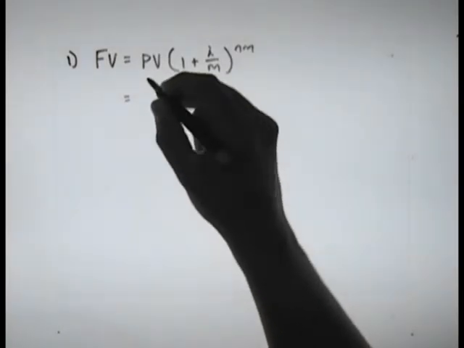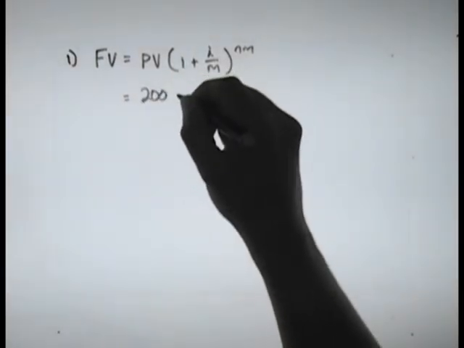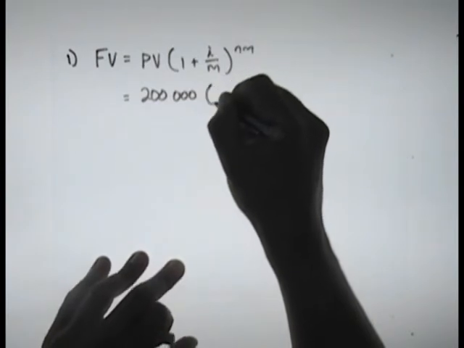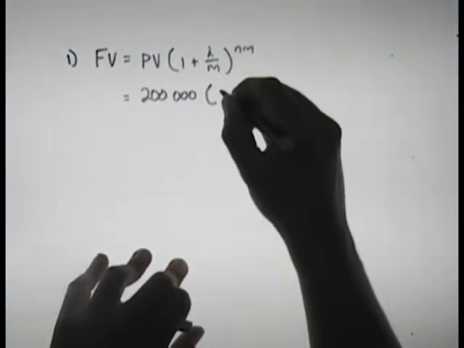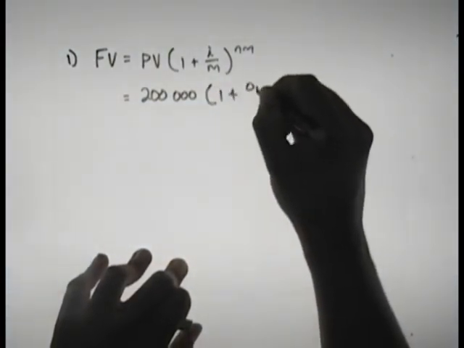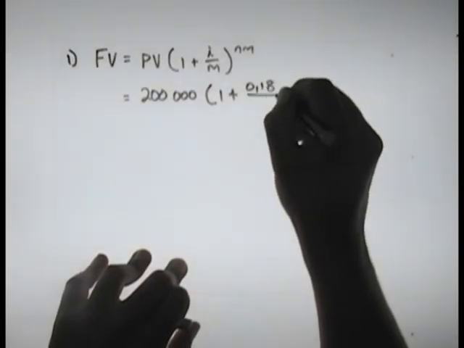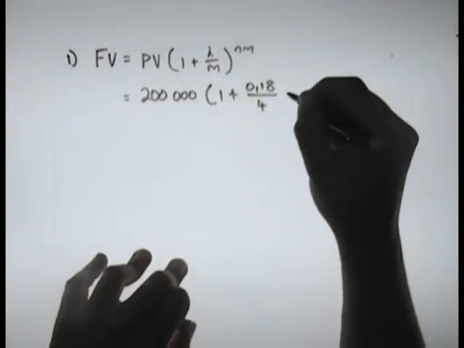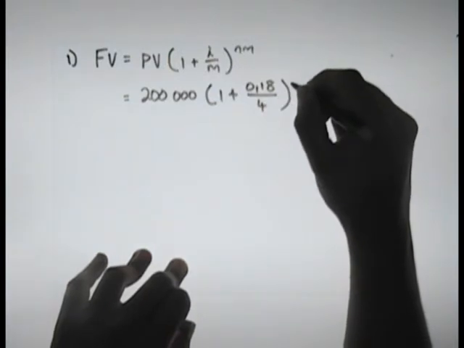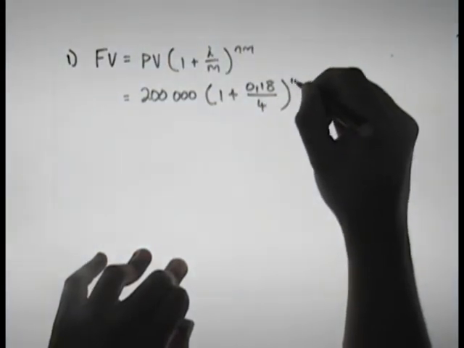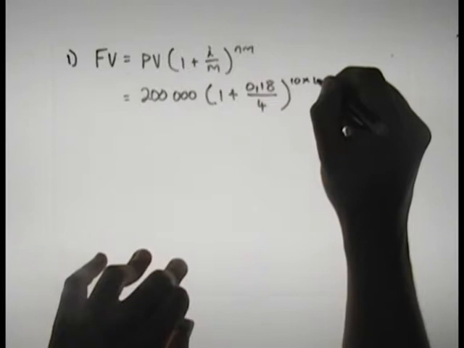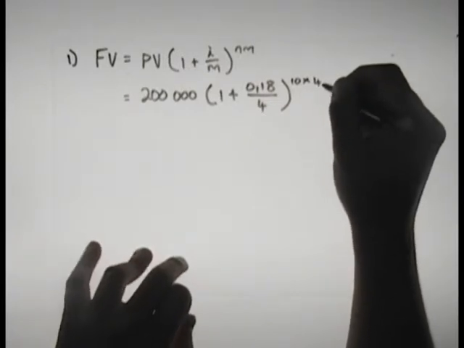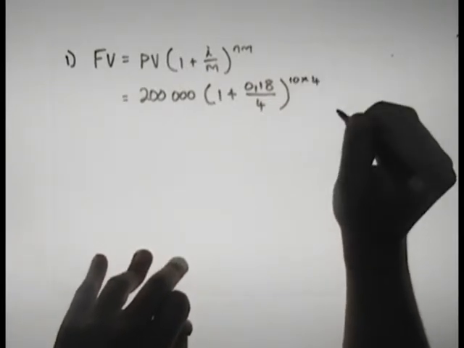Our present value is 200,000 Rand multiplied by 1 plus our interest rate of 0.18, 18% over 4, which is the number of compounds per year, to the power 10, which is n, multiplied by 4, m, the number of compounds per year, n being the number of years.